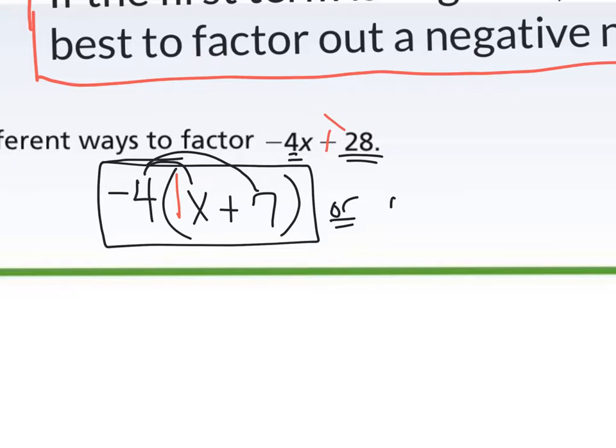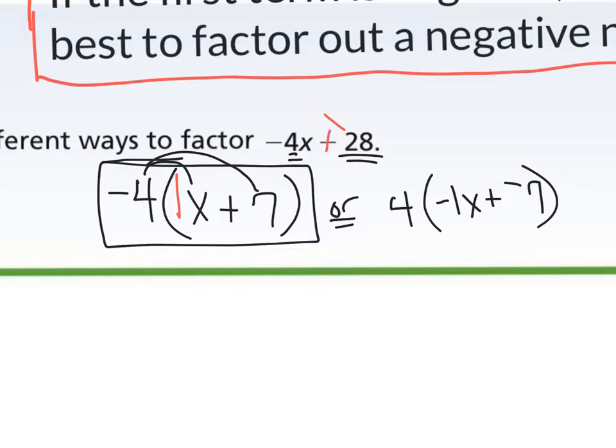If you just factored out a 4, just to show you what your other answer would have been here, basically we're just going to have opposite signs here. So 4 times negative 1x to get negative 4x, and then it would be 4 times negative 7. So either one of those would be fine.